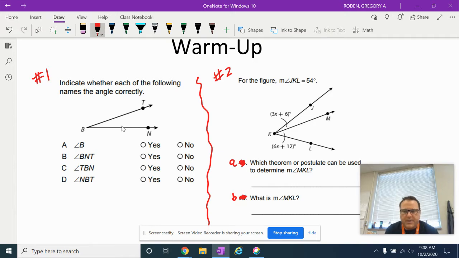Okay, so I just pulled your warm-up here, and I have two problems that should look very familiar from Thursday's lesson. Number one says, indicate whether each of the following names the angle correctly. And for problem two, they tell you that the measure, remember what that M means, guys? It means measure of angle JKL is 54 degrees.